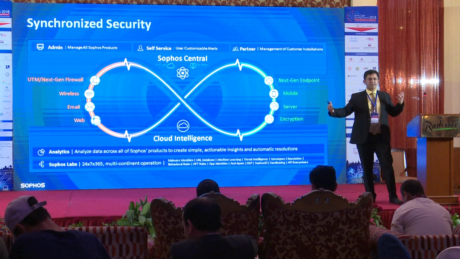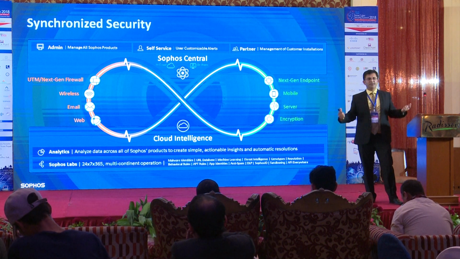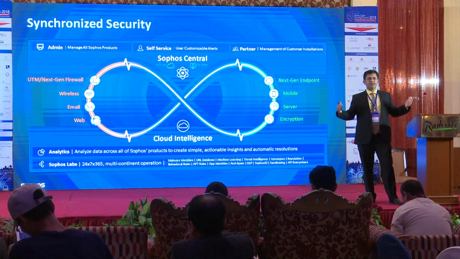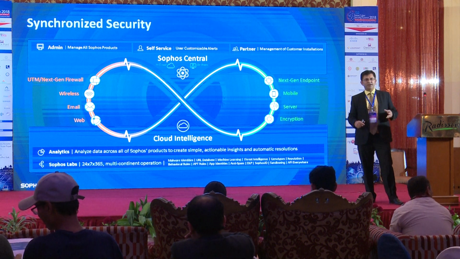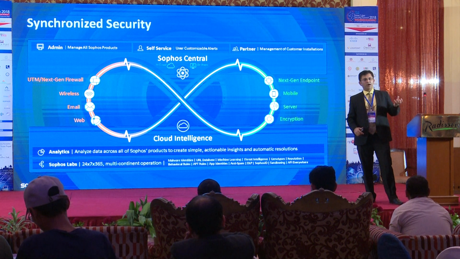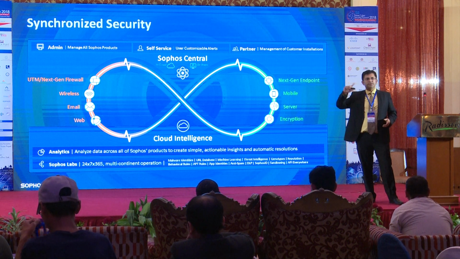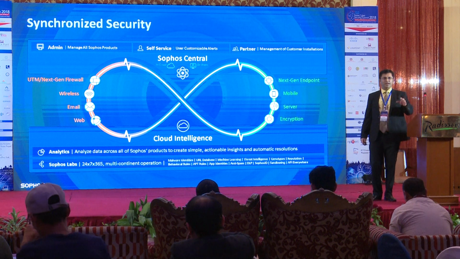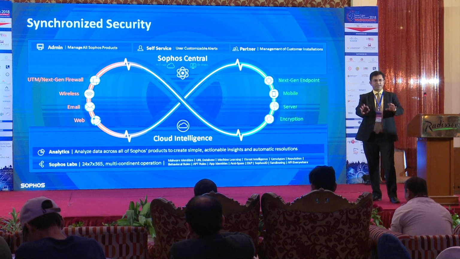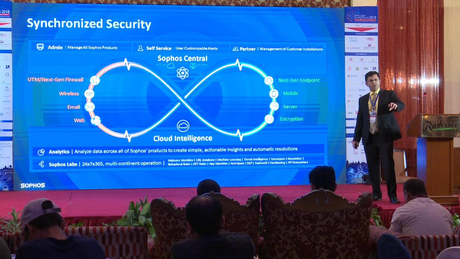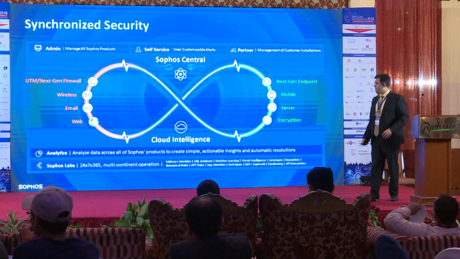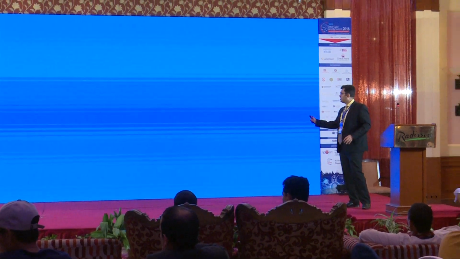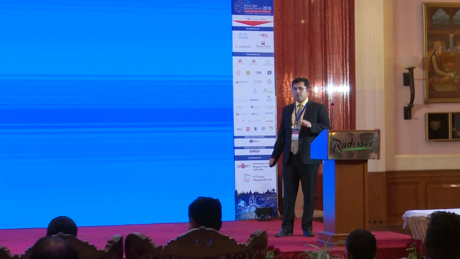Both ends are Sophos, and there's a heartbeat and threat intelligence happening between them, so that all the parameters can be shared. The moment something happens to the endpoint, the perimeter security is informed, so that the user can be segregated, isolated, remediated, and brought back to the network. So I have a video which I wanted to show about one of our fascinating solutions.